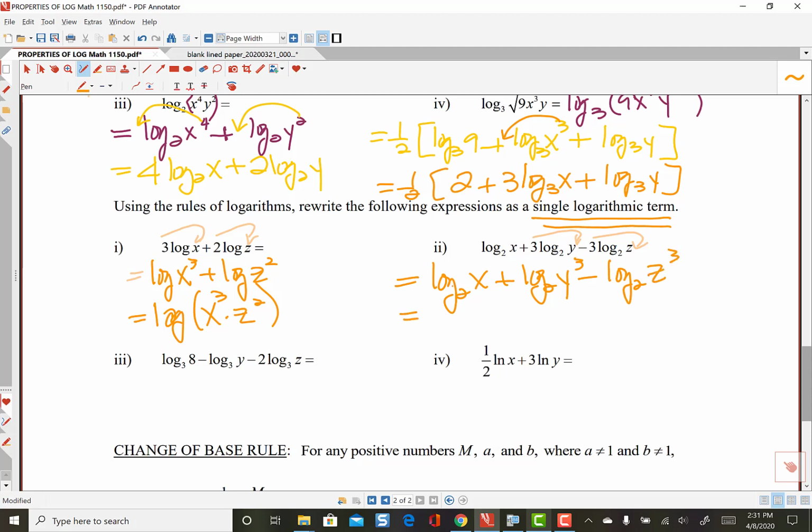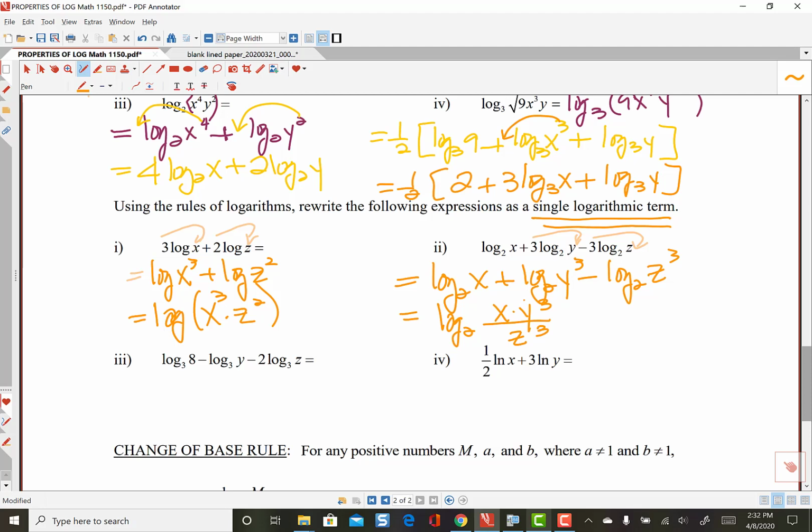So if you're adding logs, those things are being multiplied, but if you're subtracting the logarithm like you're down here, you're going to be dividing by that. So as a single log term, I'm going to have the log base 2 of x times y cubed over z cubed. There it is as a single log term.